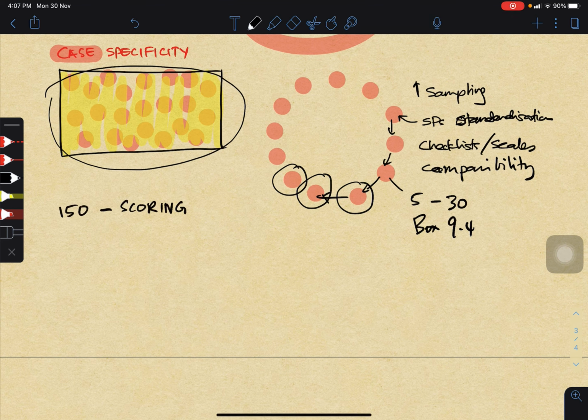Now what is usually done, we consider each station as a unit or as a question or as an item. So this station happens to have 12 stations. Okay, so 12 items. Hopefully these 12 items are designed properly to sample across all the competencies that are required for this particular level of exam.